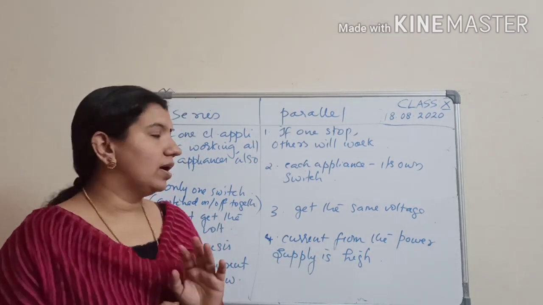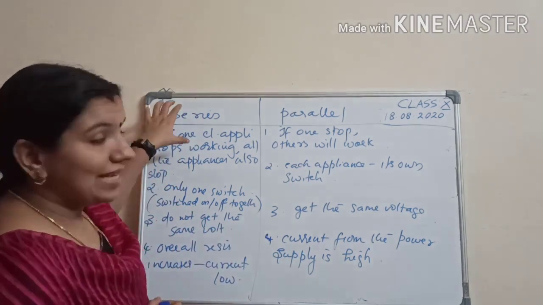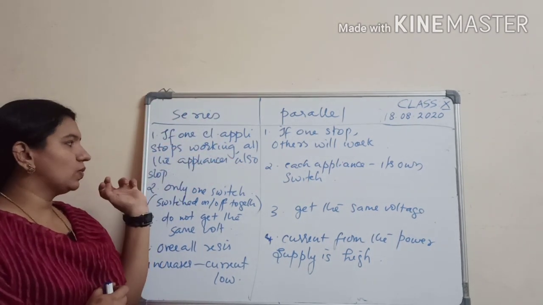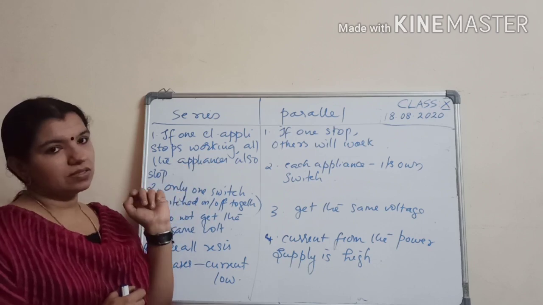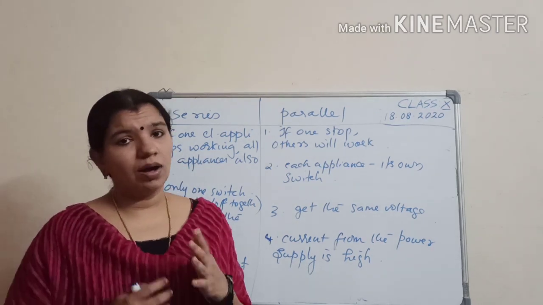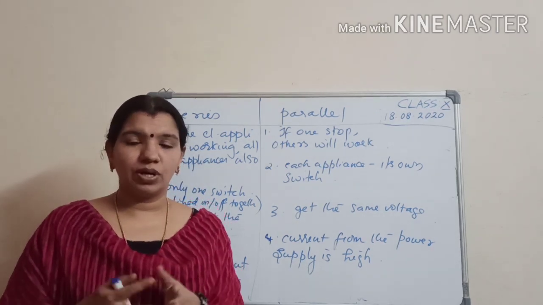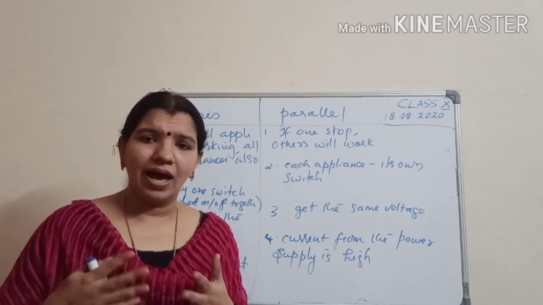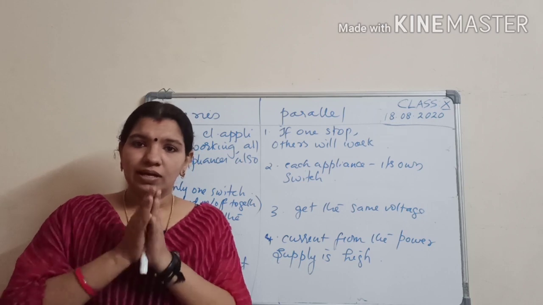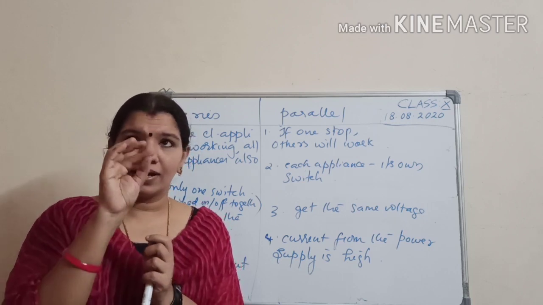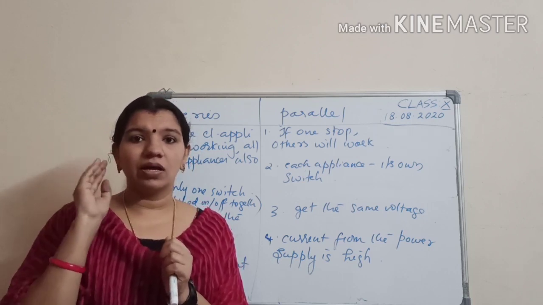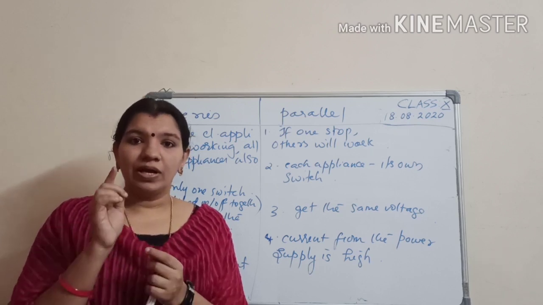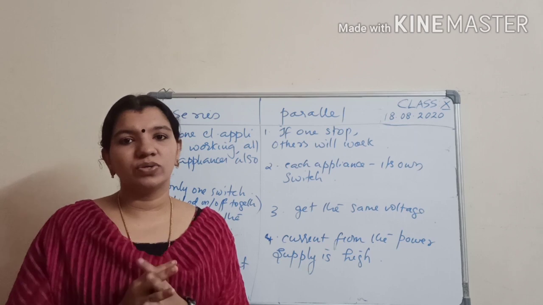First point is, in series combination, if one electrical appliance stops working, all the appliances stop. You know, a large number of appliances we are using: refrigerator, washing machine, TV, fan, light, etc. If the wiring is done in series, what will happen? When one doesn't work, the others also don't work.